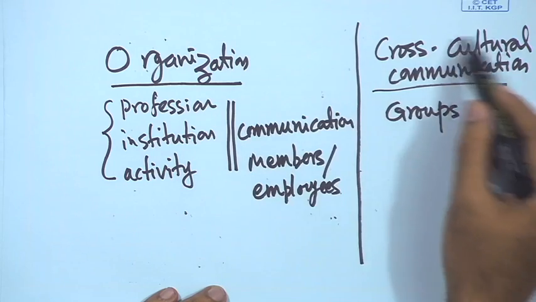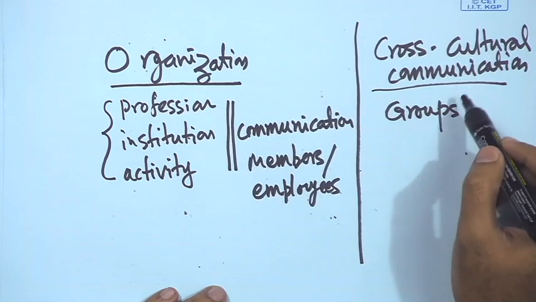So, there is a sense of globalized communication where the world is falling flat, and there have been common communicational modes happening across culture, whereas there is a sense of localization, and different communities, different cultures have different ways of communication with each other, and they communicate either cross culture or within their culture. So, one is at an organization level and the other is at a cross cultural level.